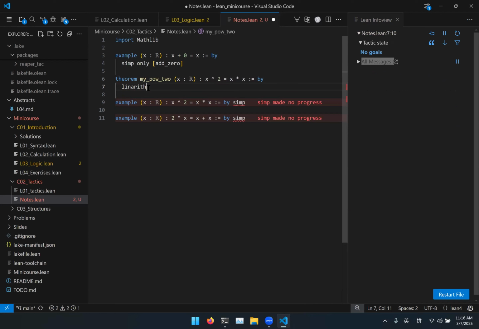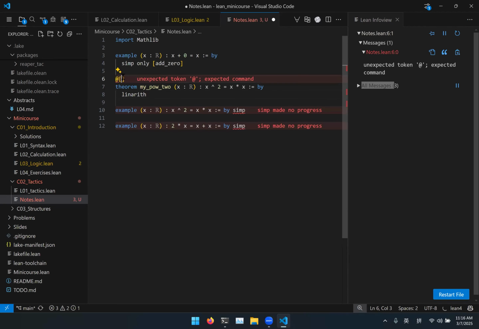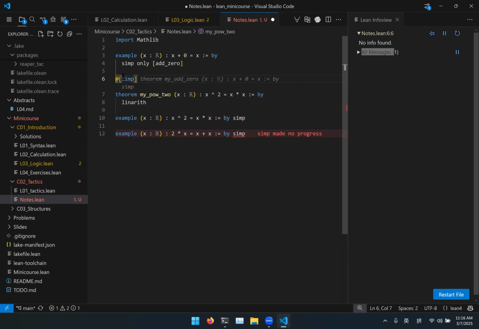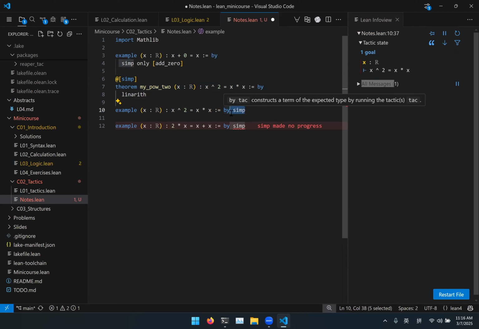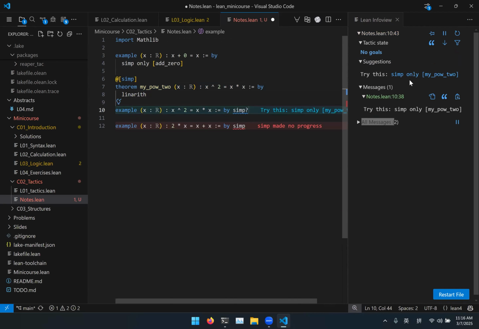We use linarith to close this goal. After this, we can add a decorator called simp. After this decorator, we can see that the theorem has no change, but the simp tactic will work, because in the backend it just uses this lemma my_pow_2.